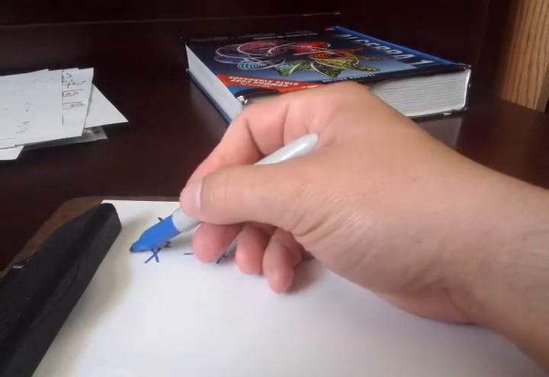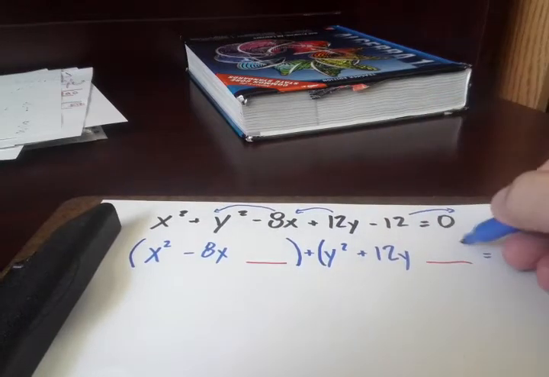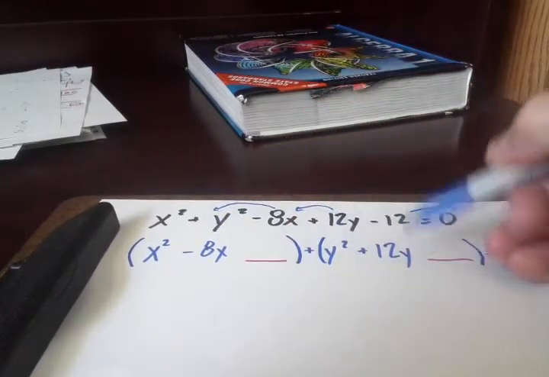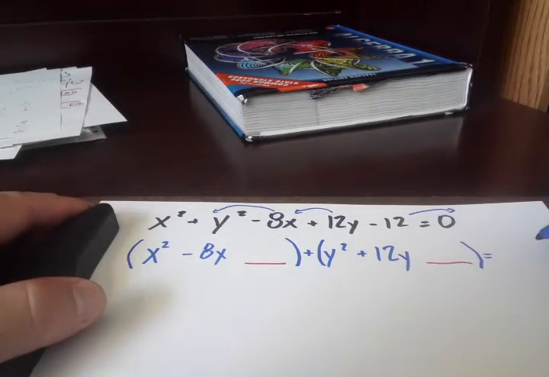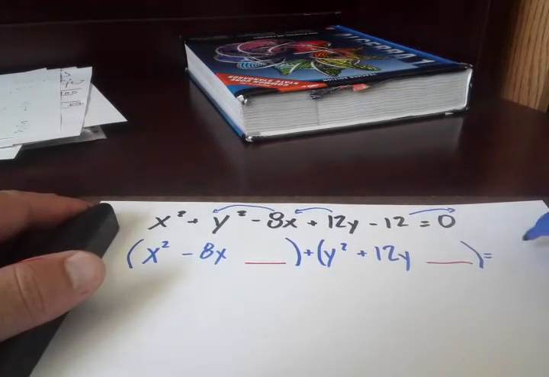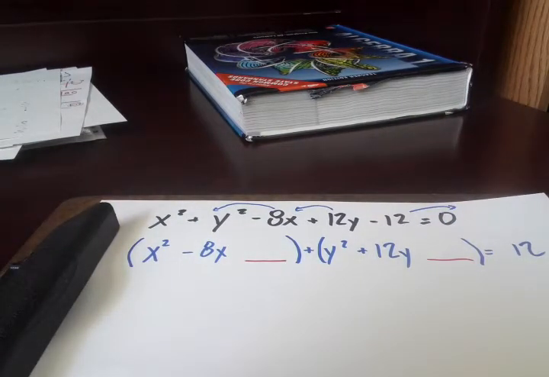If it helps you, you can put this in parentheses, and you can see that we have two trinomials that are adding. Last but not least, remember I've moved that negative 12 over. It's going to be a positive 12 because I added it. I'm aware that this is kind of a gross-looking equation. That's okay.